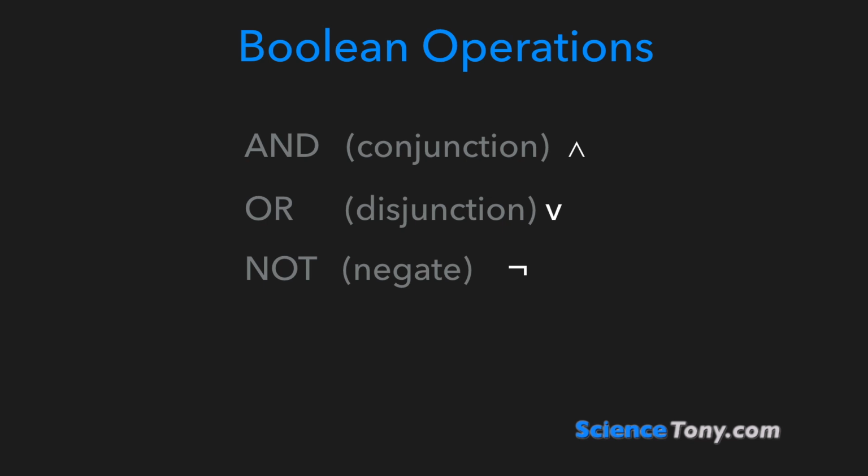We're going to cover OR, which is disjunction, and again the white symbol, which looks like a V, is the symbol for OR. And we're going to use NOT, which is otherwise known as negate, and its symbol is that little white symbol next to the word negate.